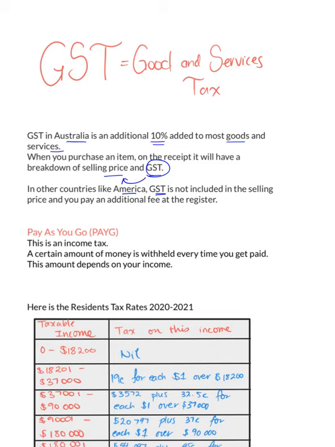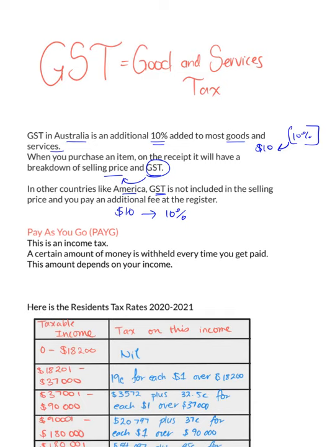So, for example, an item may be $10, but then at the register, a 10% GST will be added to it, as opposed to Australia where, if the selling price is $10, the 10% GST is actually included there, and that appears on your receipt.